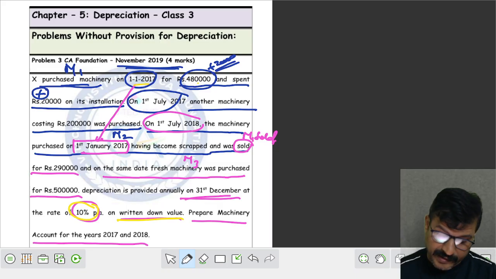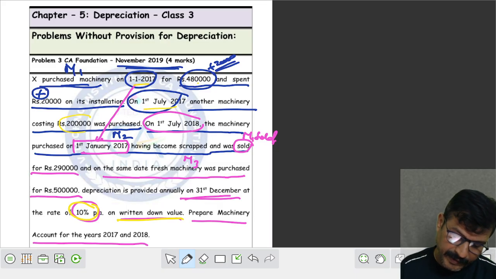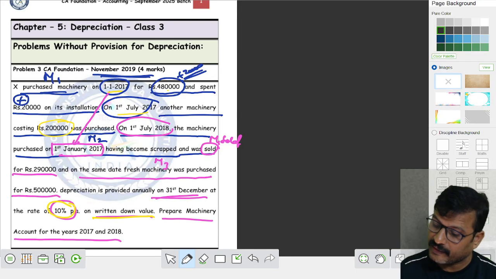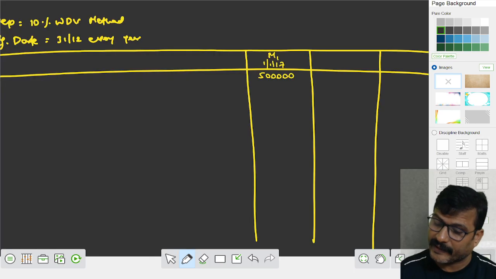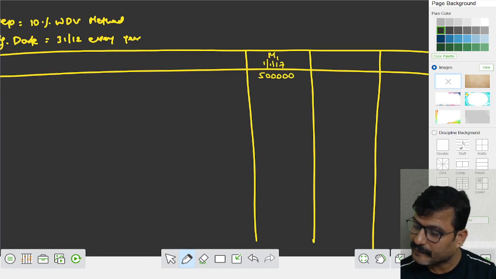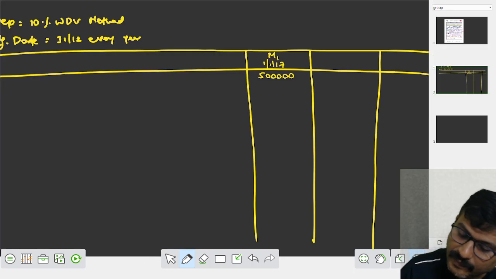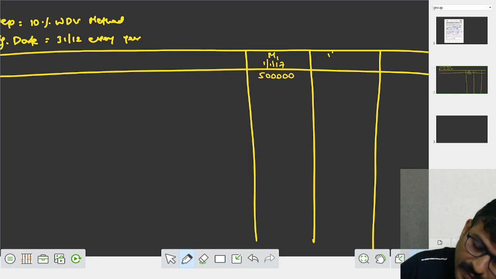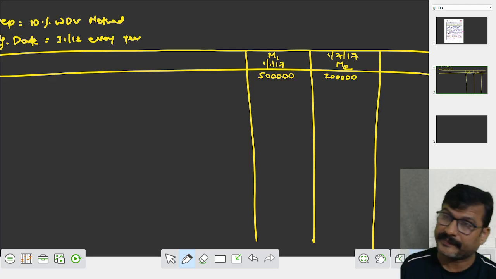Fine. What next? On 1st July 17, M2 is purchased for an amount of rupees 2 lakh.